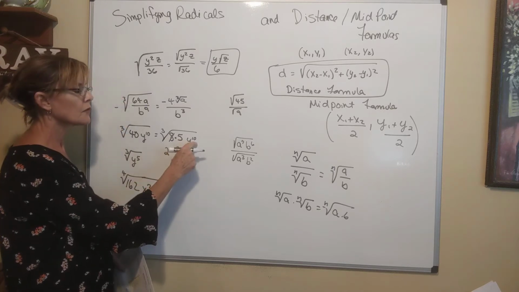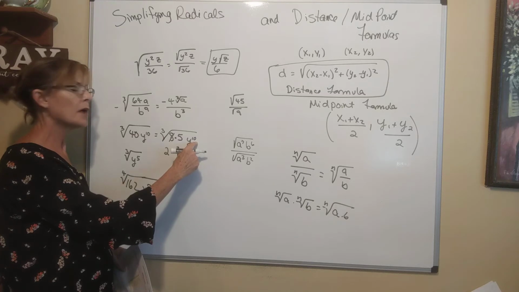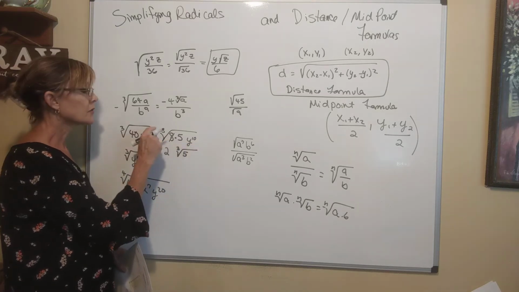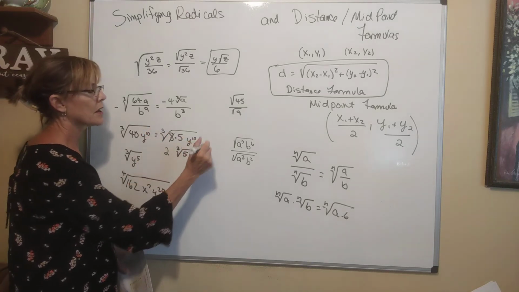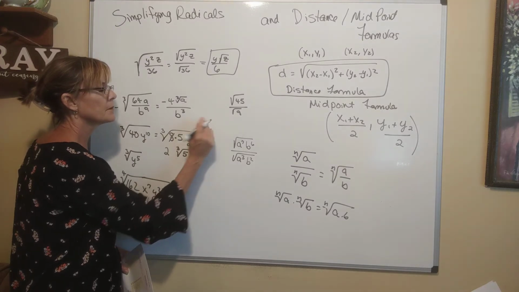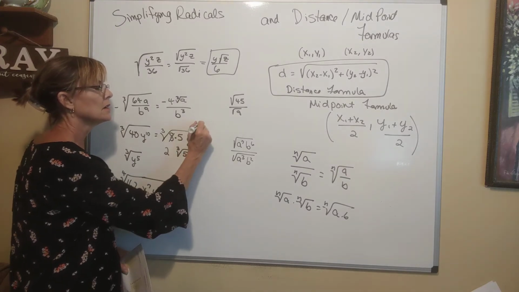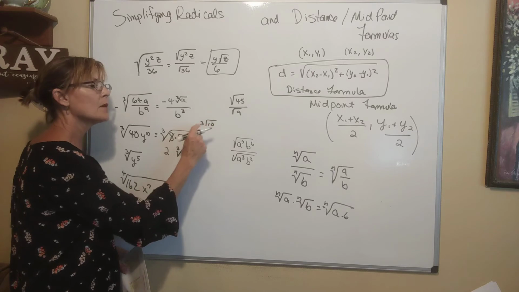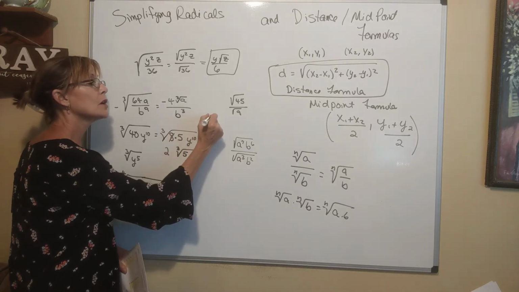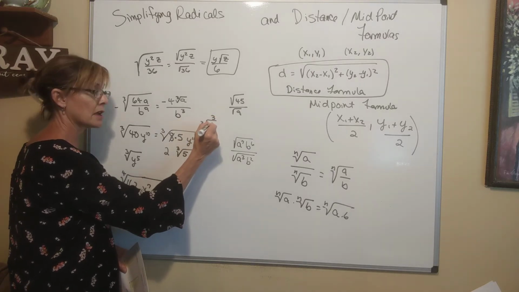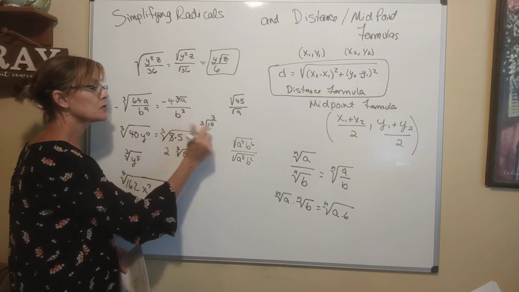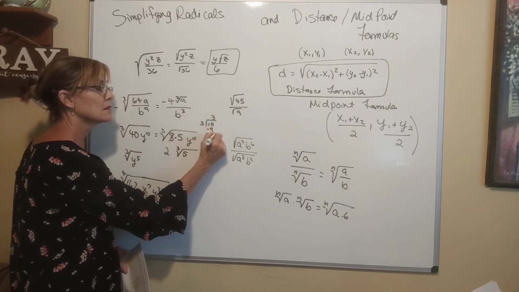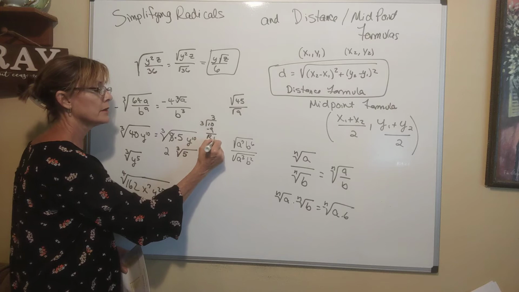Okay. And then for the variable to a power, we can do the division. 3 divides into 10. How many times can 3 go into 10? It can go in 3 times. 3 times 3 is 9. And I have a remainder of 1.